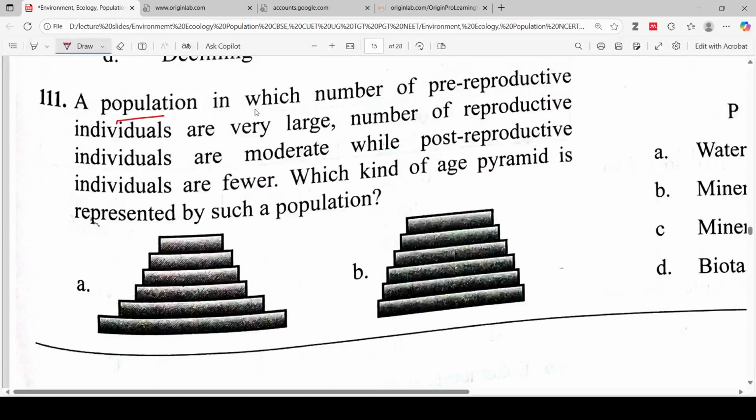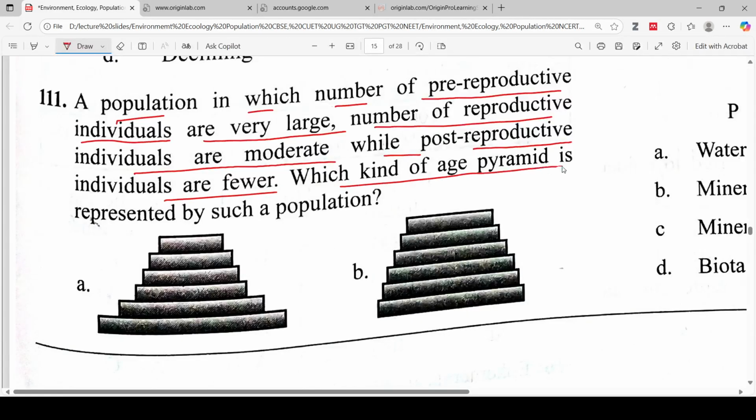A population in which the number of pre-reproductive individuals are very large, number of reproductive individuals are moderate, while post-reproductive individuals are fewer. Which kind of age pyramid is represented by such a population?